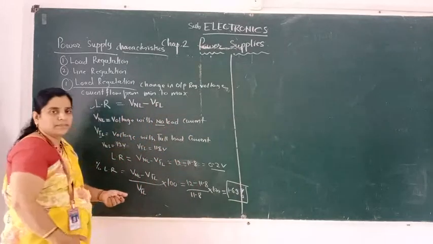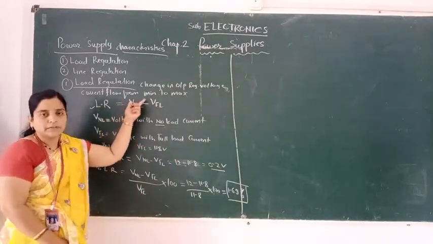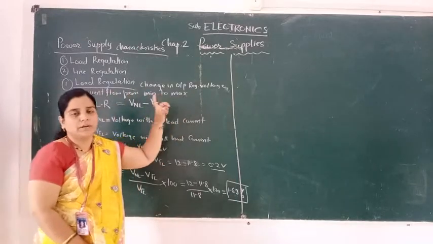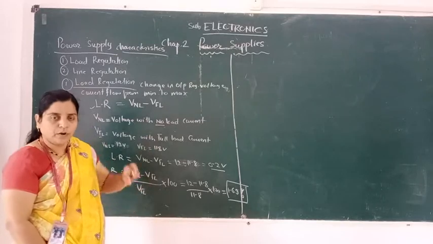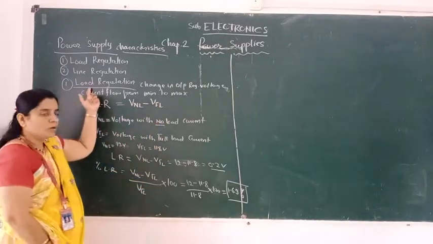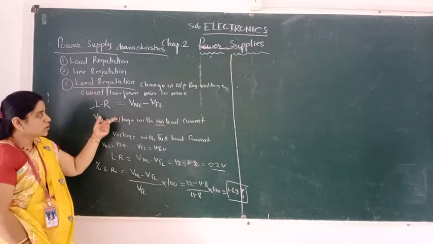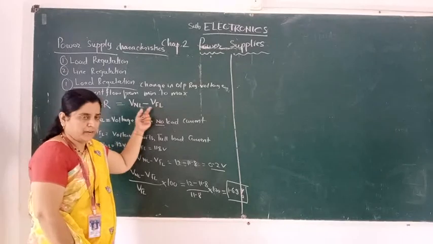Okay, so load regulation is when there is a change in regulated voltage, and the current flows from its minimum value to maximum value. This load regulation is indicated by VNL minus VFL.